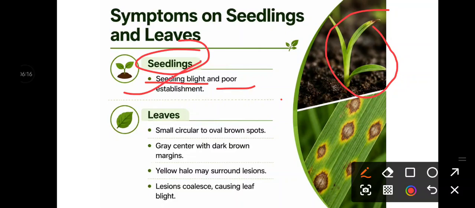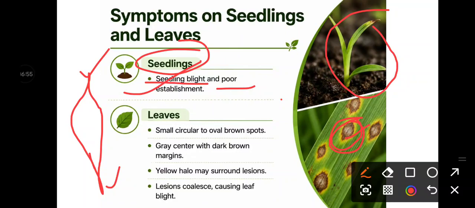Then on leaves, this is the typical symptom. On leaves, what you will observe here, you can see the spots will be circular to oval in shape, brown color with grayish center, and it is surrounded by a halo. In contrast to what we have discussed in the rice blast condition, the spots are spindle shaped, tapered and tapering.